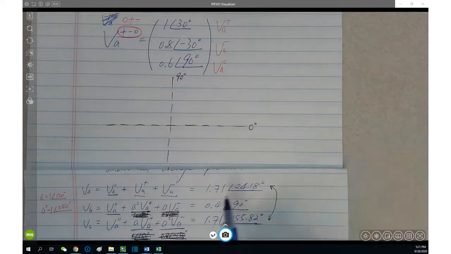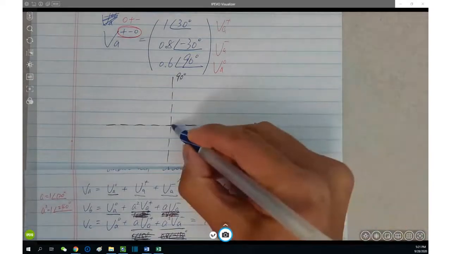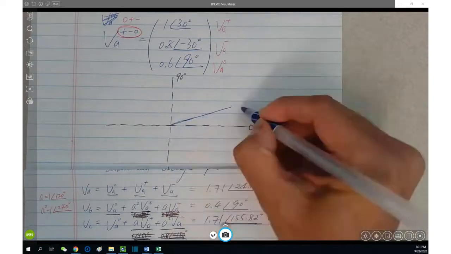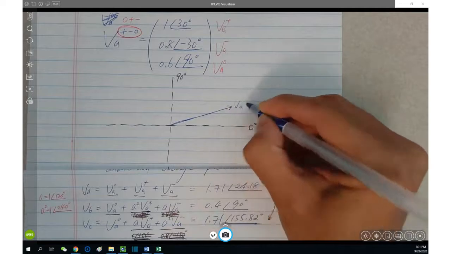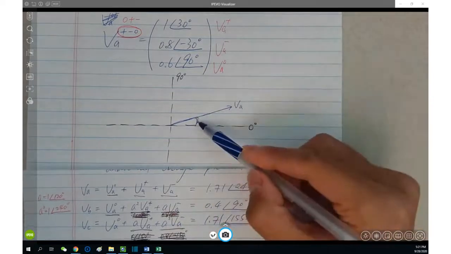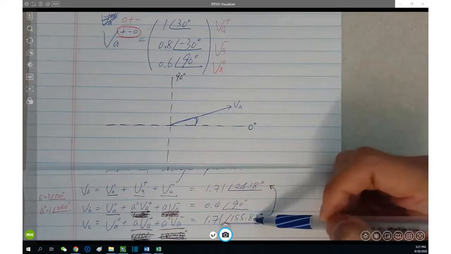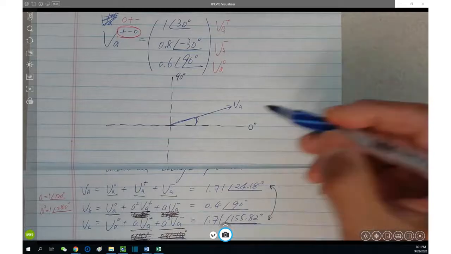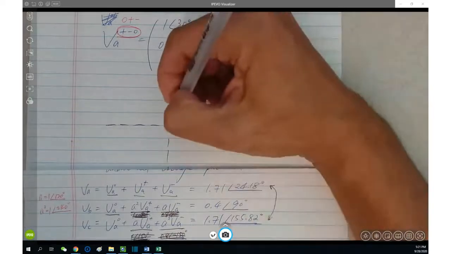Let's just try to plot them. So first of all, VA is like a 24 degree. A 24 degree is about here. So here is 24.18 degree, right? The degree here plus this one equals 180 degree. However, you need to count within this. So the result is this.